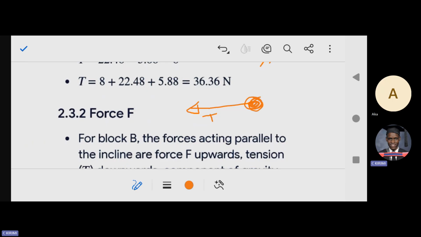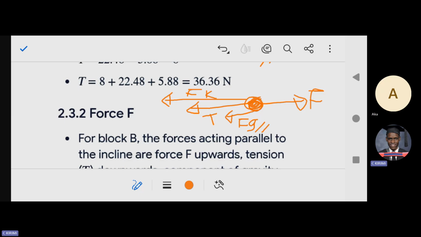At B, I also have FK, the frictional force. And block B also has FG parallel. And also you have F applied. Can you see what is happening? How many forces are you having? 1, 2, 3, 4 forces.